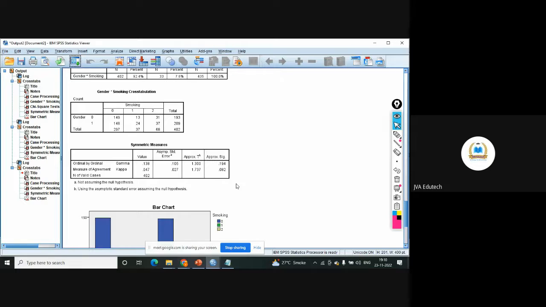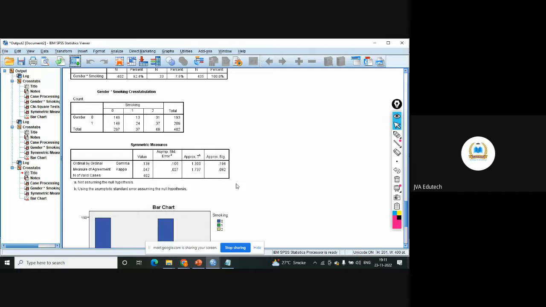Here, if you are getting 0.7, fine. If you are not getting 0.7, then at least 0.5, because these are nominal, categorical variables. I don't know how people have been measuring the reliability of nominal variables. Sometimes they leave it, or sometimes they apply Cronbach alpha, which is wrong. Cronbach alpha should not be applied on nominal or categorical variables.